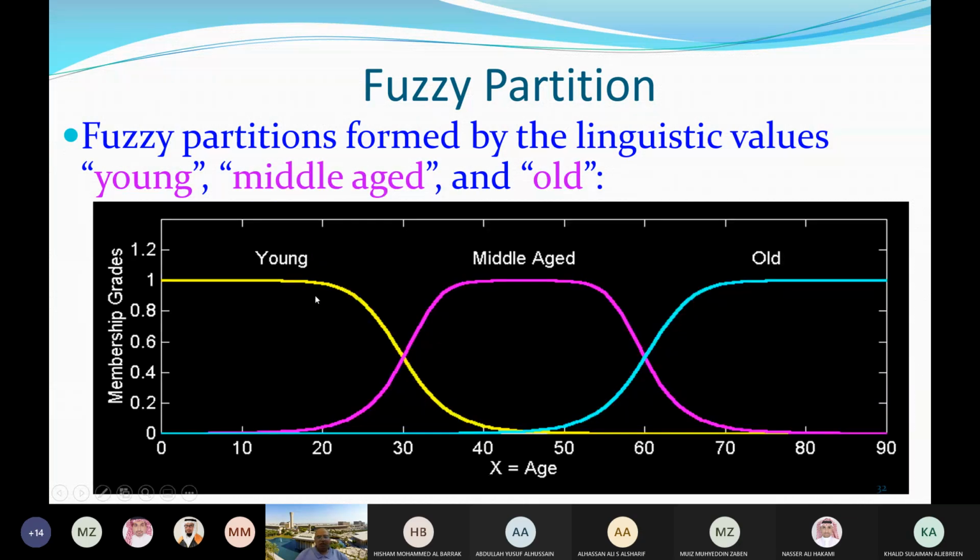So you can do several partitions for the fuzzy variables. As you can see here, the age is partitioned into young, middle-aged, and old. And of course we discussed this several times for the speed, for the temperature, and so on.